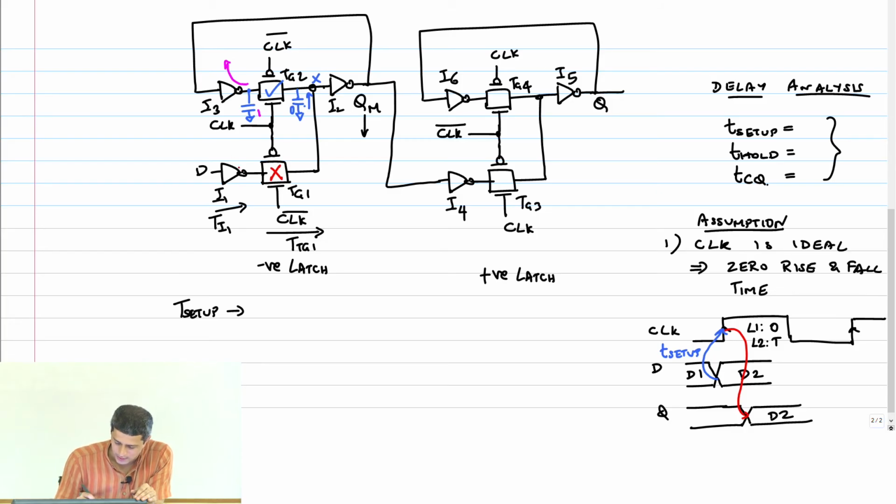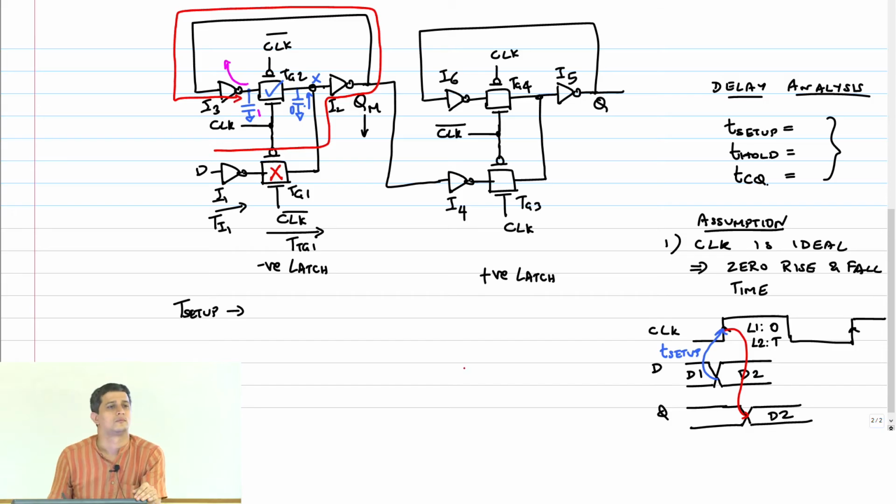So what will happen? That setup time basically has to go through this path. This has to be my setup. This is an upper bound. If you ensure that by this time it settles, you are guaranteed that the correct data point will be sampled.